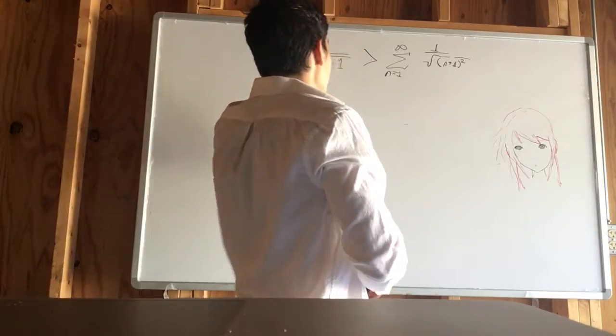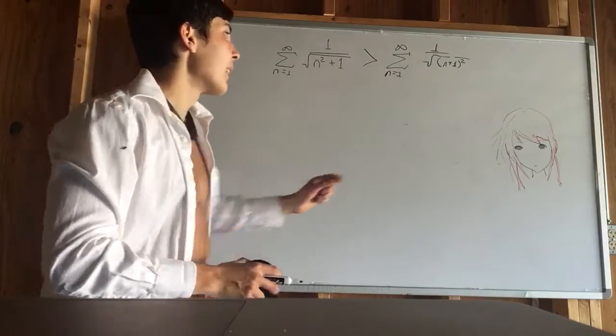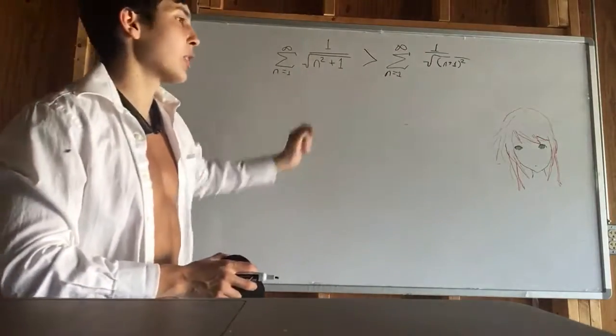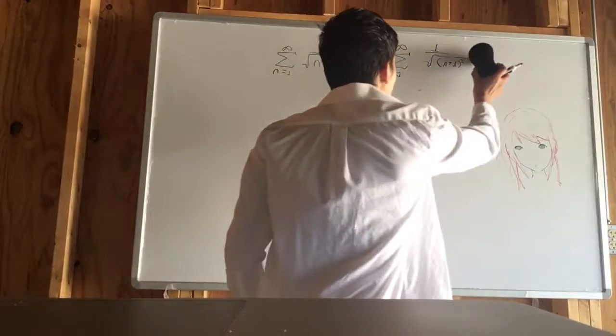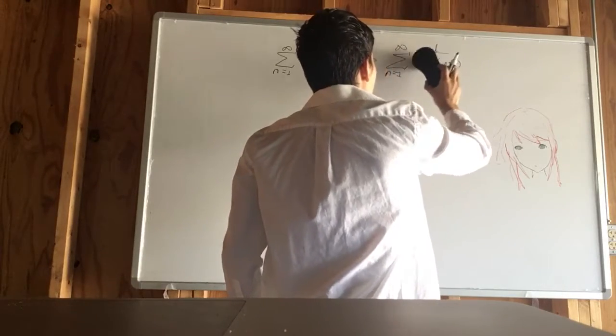So all we had to do was pick strategically a denominator that was going to make this entire series smaller than this one. And this is what we did. So now we have 1 over n plus 1.